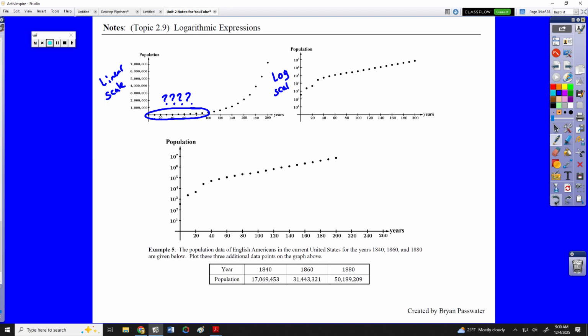It goes from 1 up to around 7 million. The problem is that data is just too big. When you have exponential growth, it's really difficult to graph that with a linear scale. So what we're going to do is graph it instead with a logarithmic scale.